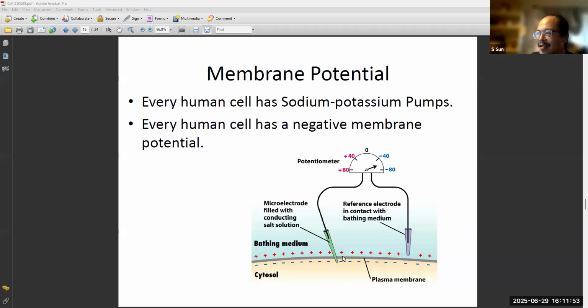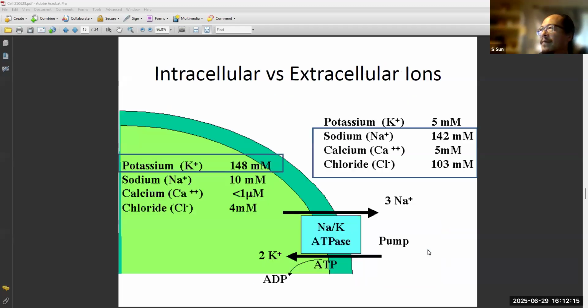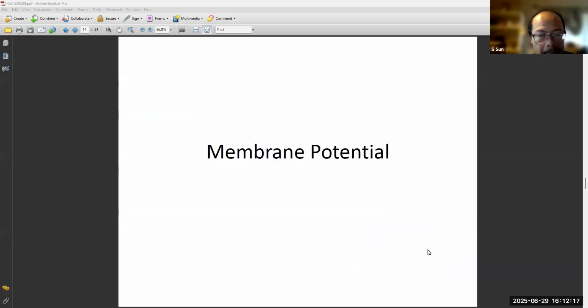So location is on the membrane. Function is a phenomenon, and it will become quite important. This is the foundation for electrophysiology. Any electro thing in the organism is based on this. So this is important. We are going to talk about that.